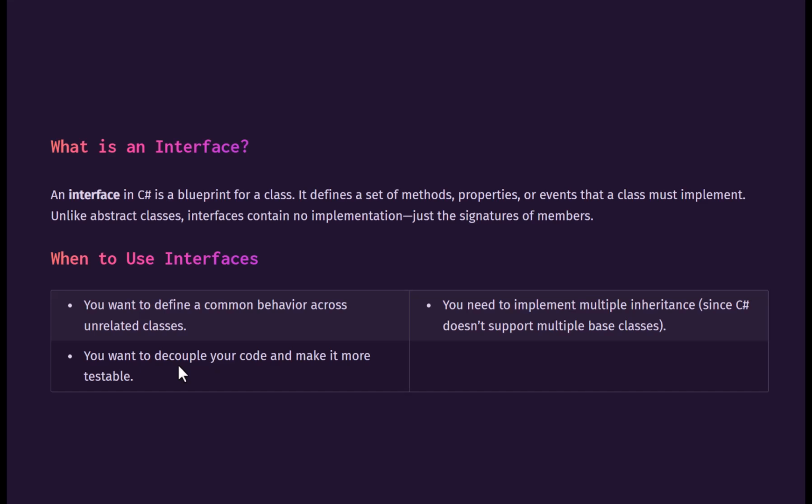It just leaves it to the derived class to decide what to do. We get flexibility, because different classes can implement the interface in their own way. We even get extensibility, because new notification types like push notification or WhatsApp can be added without modifying the existing code.